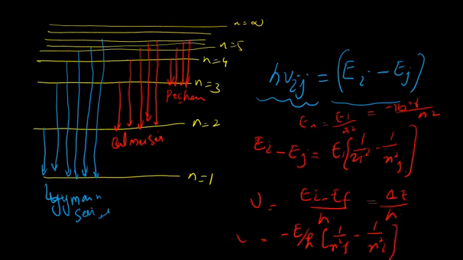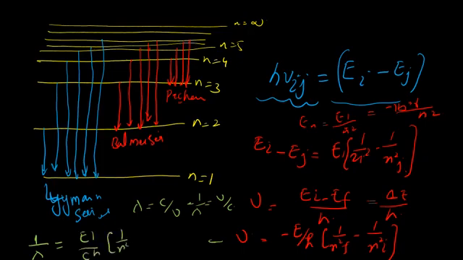This will be the frequency, and correspondingly we can also write the wavelength. We know that lambda is equal to c over nu, so 1 over lambda will be equal to nu divided by c. So 1 over lambda will be equal to E1 over ch into 1 over n square f minus 1 over n square i.